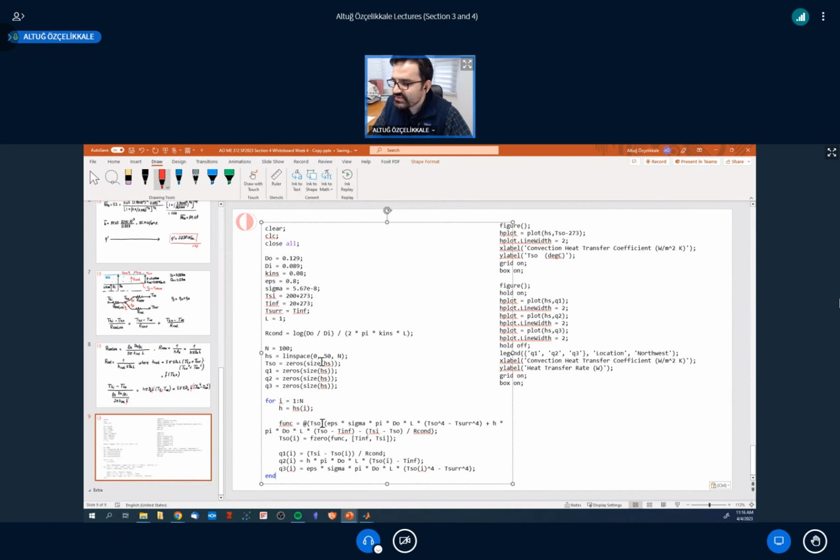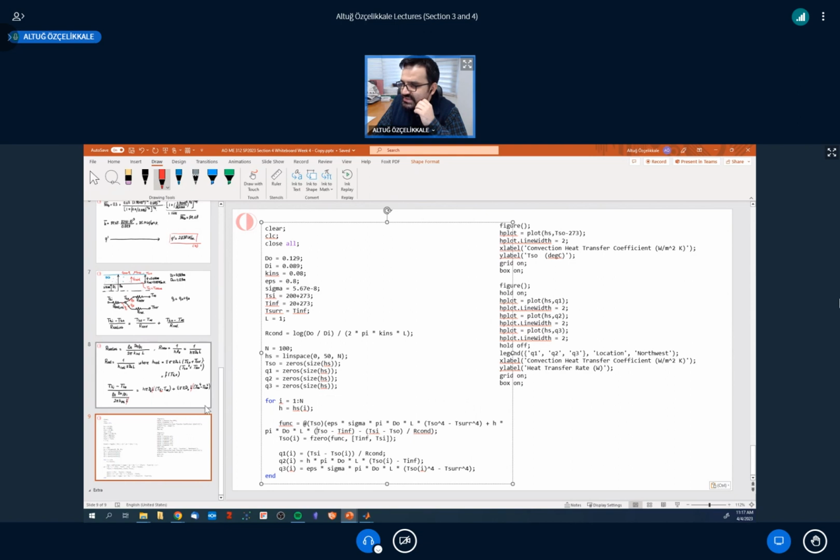I wanted to see it not only for two h values. I wanted to see the trends of TSO, how the surface temperature is changing as we change the convection heat transfer coefficient. Therefore, I wrote down a series of h's, and for each h, I build a function for TSO.